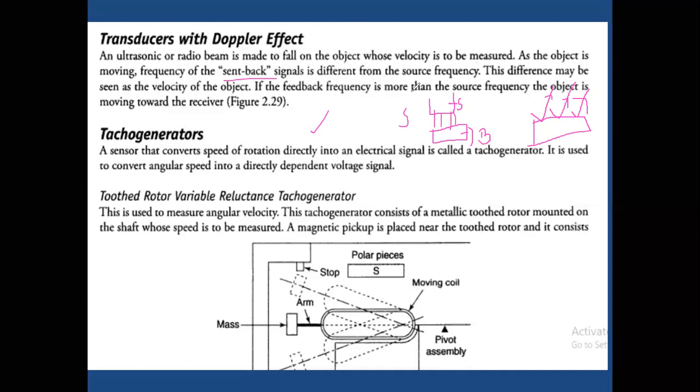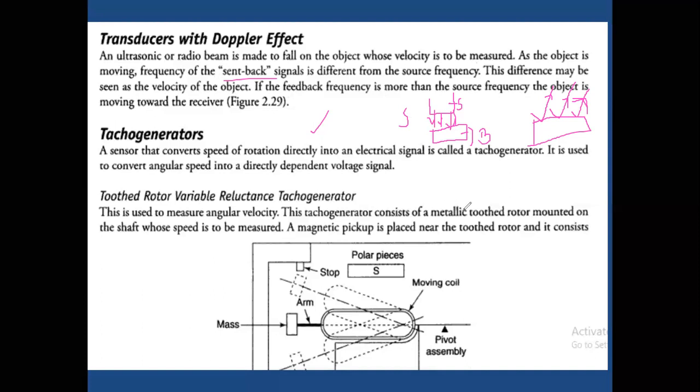The feedback frequency is more than the source frequency. One condition we need to understand: if the feedback frequency, the returning wave frequency, is more than the source frequency, then the object is moving towards the receiver.